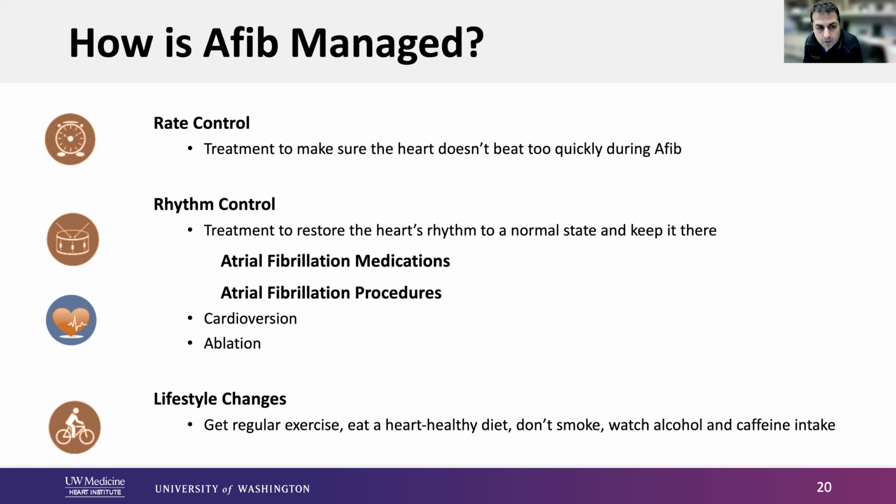And for that, we have also some medications that are referred to as antiarrhythmic medications or antiarrhythmic drugs that would chemically try to bring the heart out of atrial fibrillation and back to normal and try to keep it there. And then we also have some minimally invasive catheter-based procedures called ablation procedures that are also used to achieve that. So getting patients out of atrial fib and keeping them out of atrial fib.